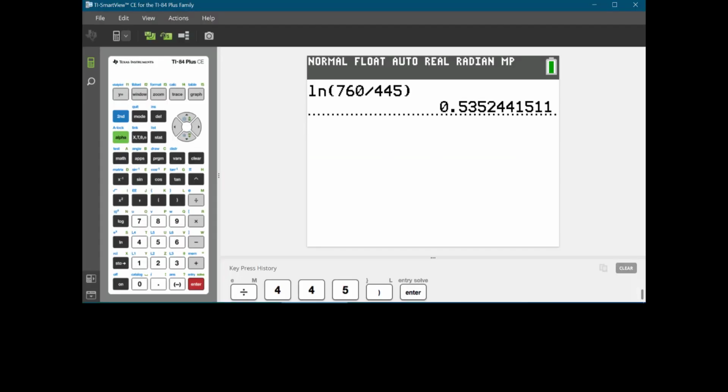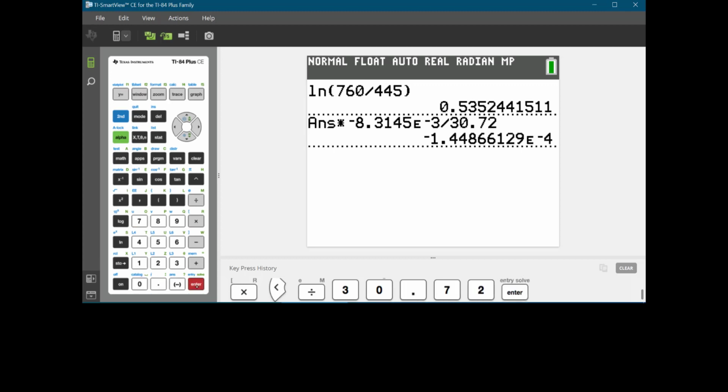If we do that, I'm going to take that number right there times negative 8.3145 times 10 to the negative third, oh, whoa, wrong, second E, negative 3, divided by 30.72.